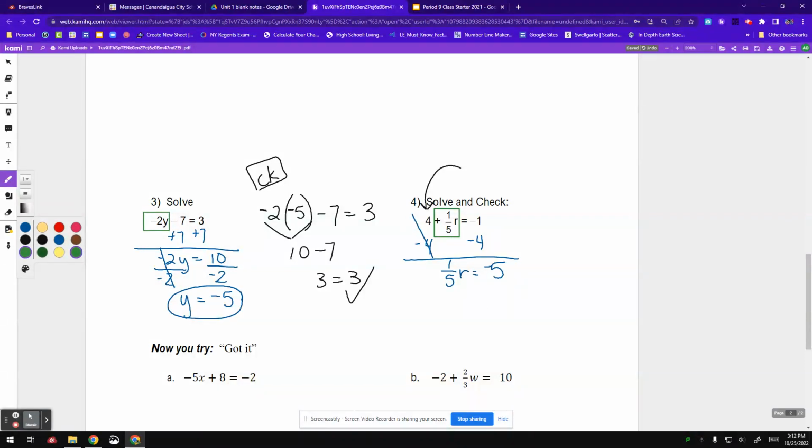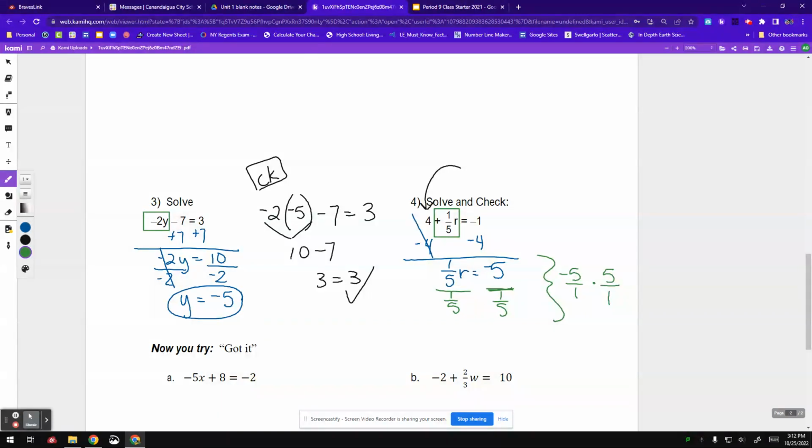And how do I get rid of multiplying by 1/5? There's 2 ways to do it. One way is to divide by 1/5. However, you know that when you're dividing, you have to copy, change, flip.